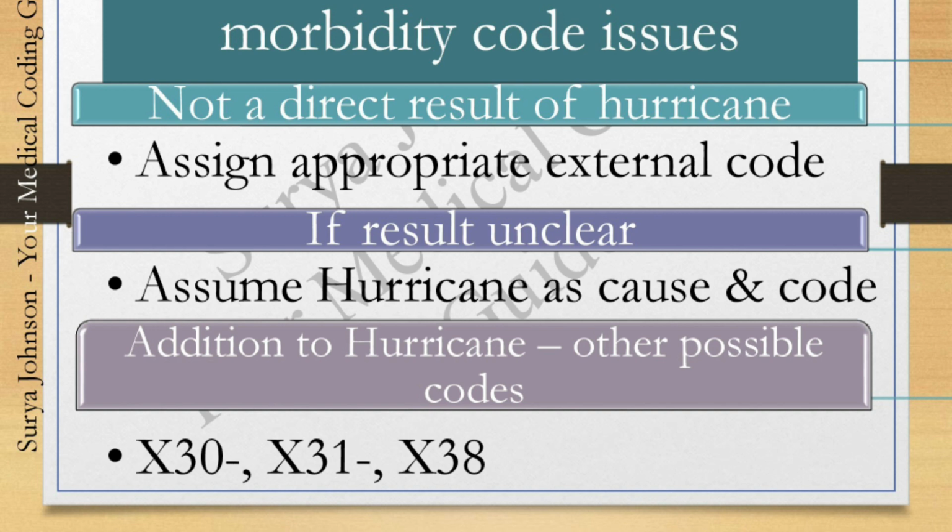In that case, you will assume that it is a hurricane, and you will code the hurricane as the cause. So in addition to the hurricane, if there are other possible codes like from the X30 series, X31 or X38 series, other causes that are documented, then you can very well code them.